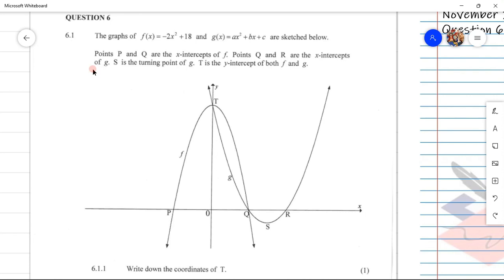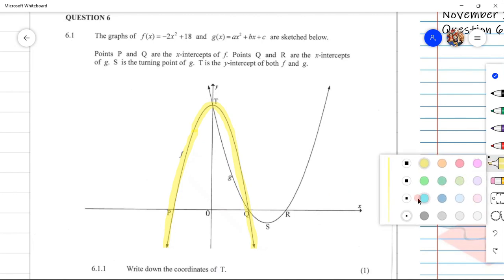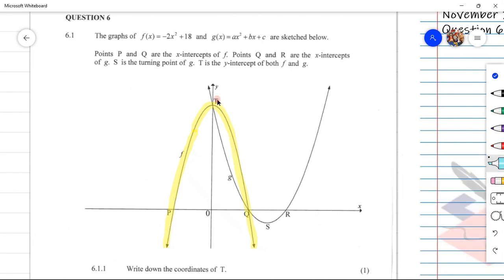So we have f, which is the sad face function. Let's highlight that so it becomes easier for us to see. And we've got g, which is the smiley face function. Let's highlight that.